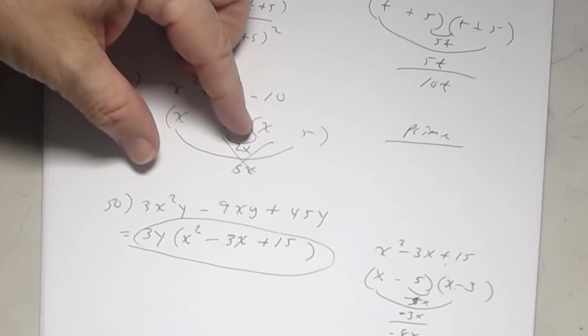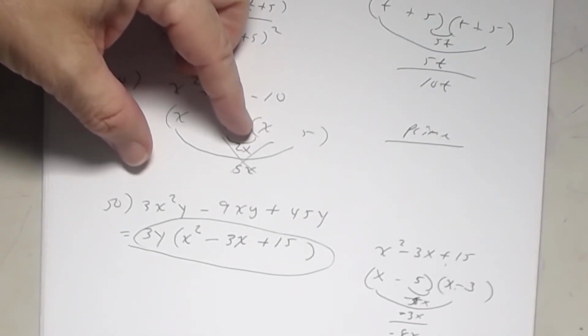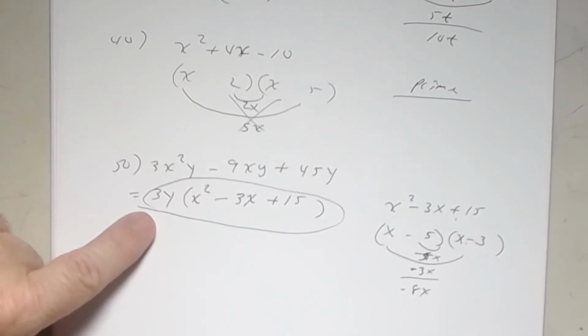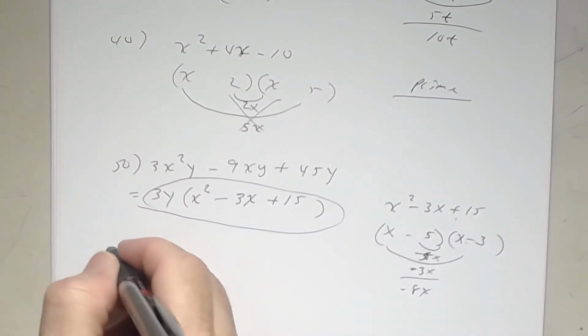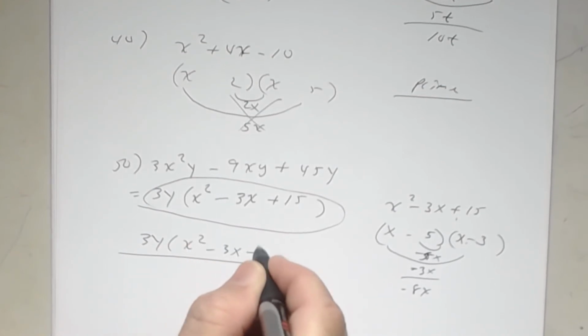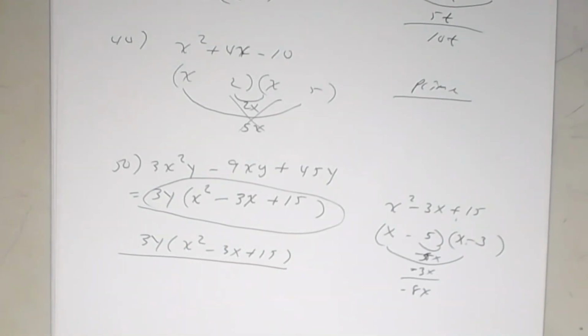How did I factor the original problem? I took out a 3y, I factored out the GCF. If we can at least get the GCF but end up stopping, just circle it, and that's your answer. So in the blank, you would put 3y times x squared minus 3x plus 15.